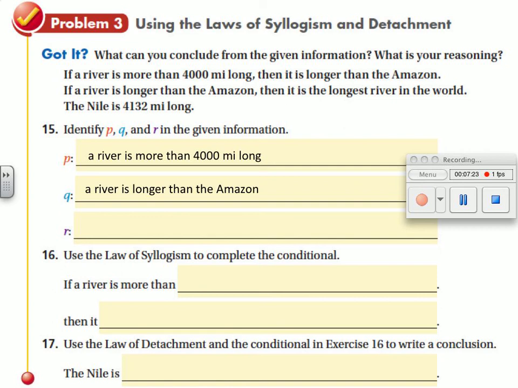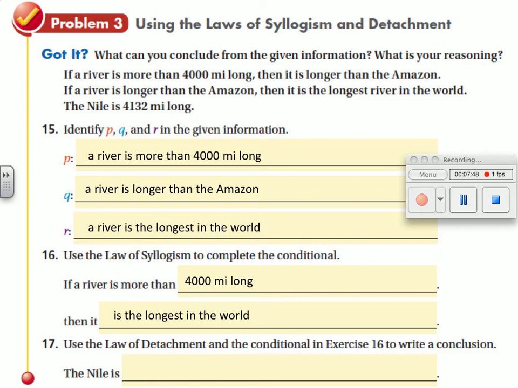And our R statement is it is the longest river in the world. Using the law of syllogism to complete the conditional: if a river is more than 4,000 miles long, then it is the longest river in the world. We can use that statement with the law of detachment.